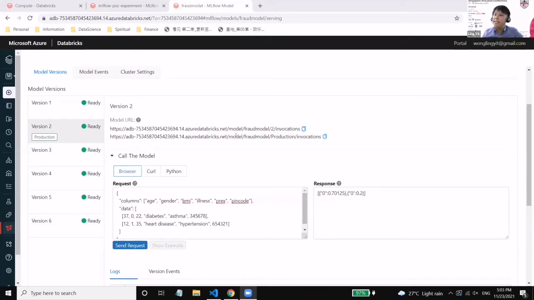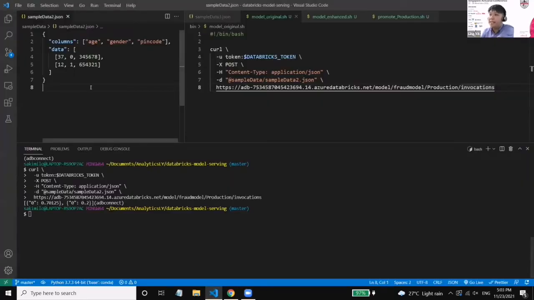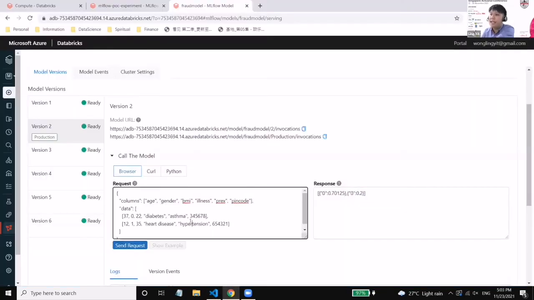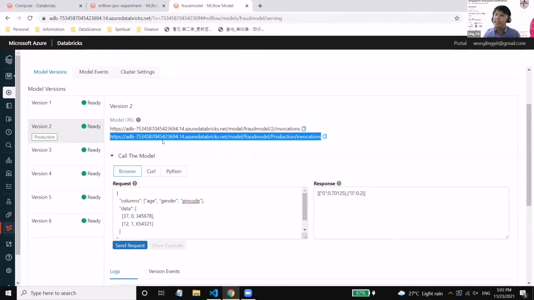how easy is it for us to maintain the model in production, and how easy is it to refresh the model, or to upgrade the model. If you look at this, we have an API here, the interface that I'm showing. This is the model that we are running in production, and this is the API.